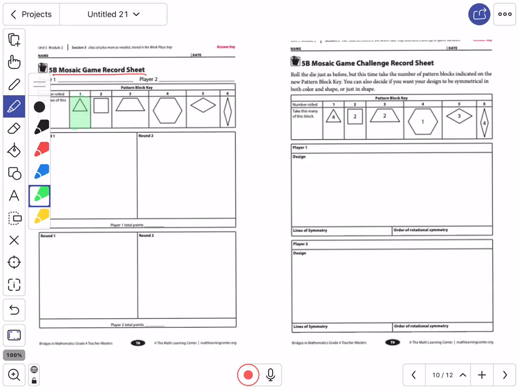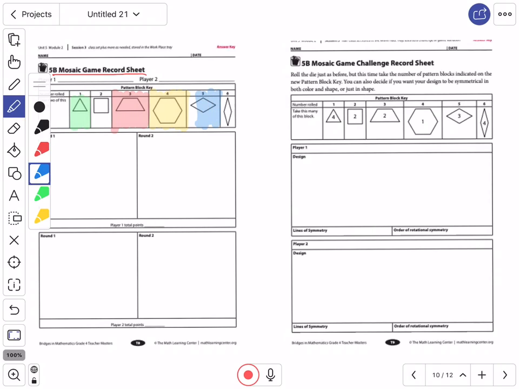Here is the regular game record sheet. Okay, notice that it does have that same thing at the top. So I know that you can't see, but if you were to roll a 1, that would be the green pattern block. Don't have orange, I don't think.